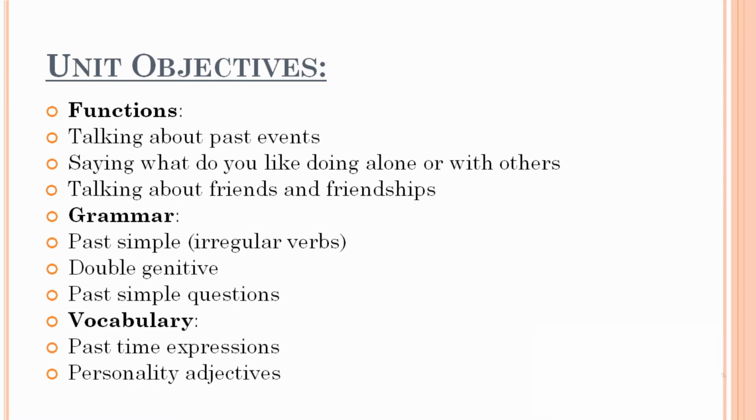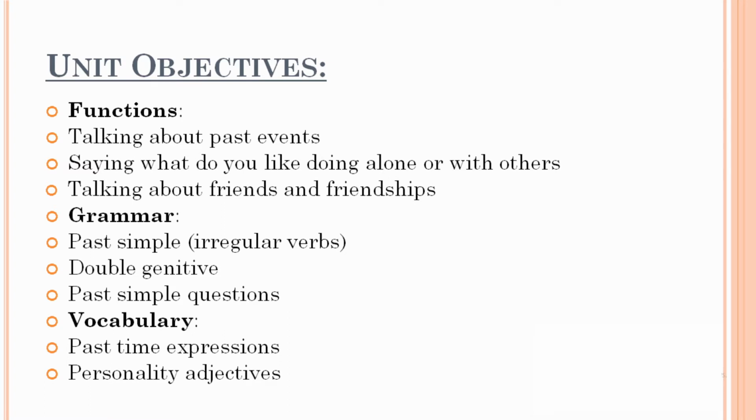We're just going to do a quick reminder of the objectives of our unit. As we said last time, our unit is divided into three parts: functions, grammar, and vocabulary. The first part, functions, will be talking about past events and saying what you like doing alone or with others.